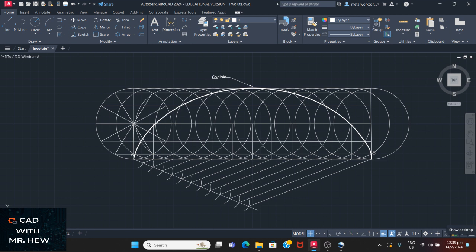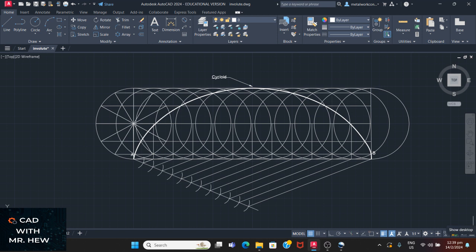Plotting the points. There, there, there. Go there, there, there.